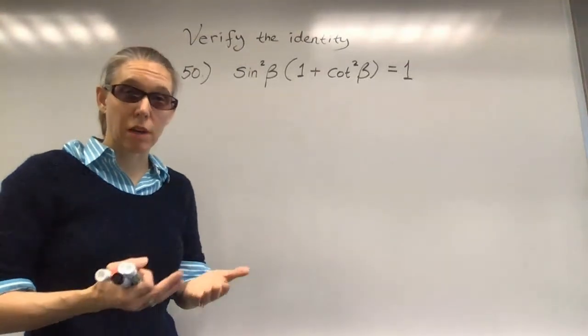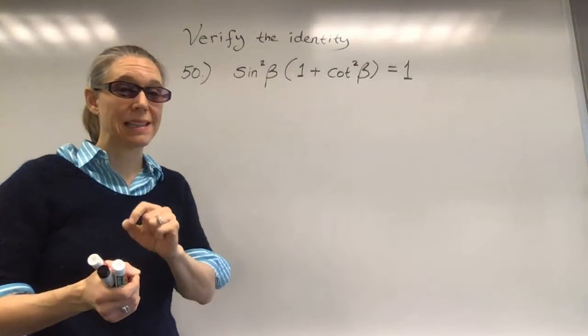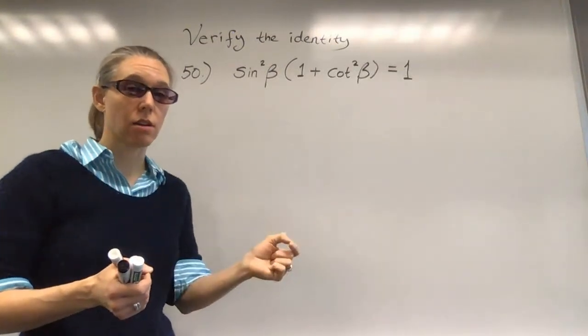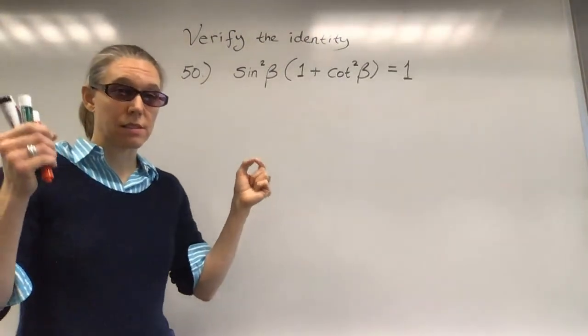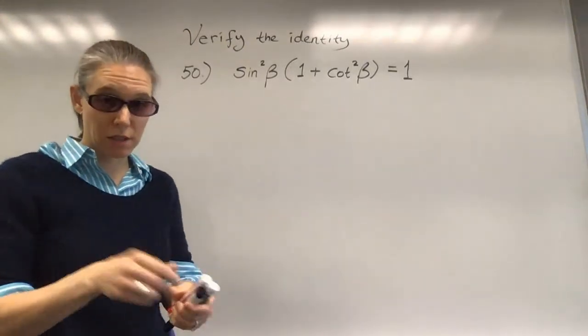Now, what I would recommend is, since you don't necessarily know if you want to work completely from one side to the other, or if you want to work both sides at the same time, you can draw a line right under the equal sign.